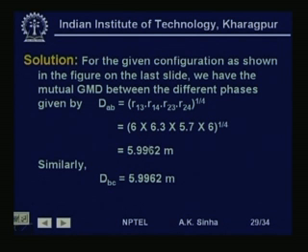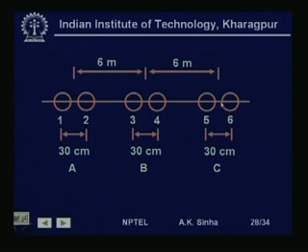So, we take the fourth root, it comes out to be 5.9962, it is same as almost 6 meters. Similarly, for between B and C, if we do this, we will get the same distance or the same GMD.